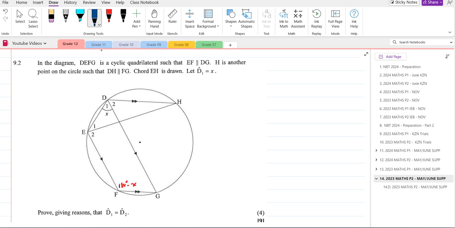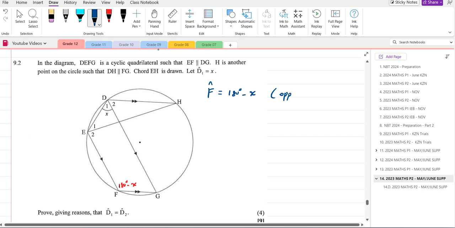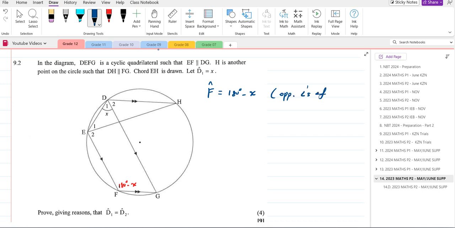Yeah, let's write angle F is 180 minus x. That's because opposite angles of a cyclic quad, EFGD or DEFG, right?